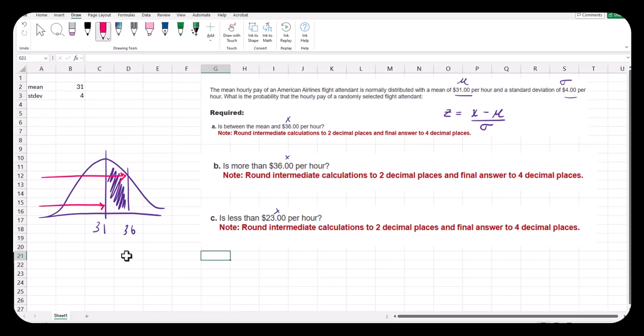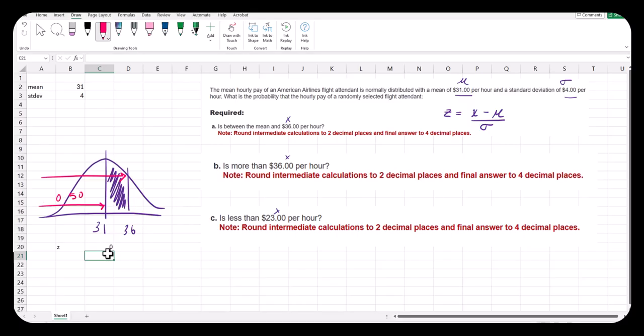One way is to find these z values. So how do you find the z value? Well, it equals my x, which would be 31 in this case, minus 31, which is the mean, divided by the standard deviation. So we already know up to the mean, or hopefully you recognize, this is 50% of our data, right? Because that's half of it.